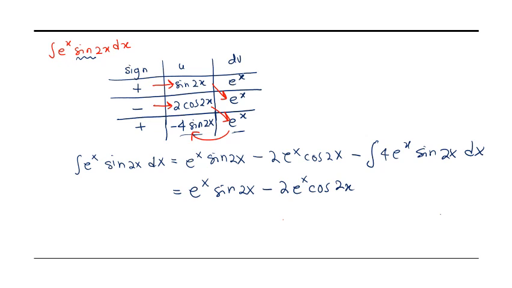Kan? So, bawa dia pergi left hand side. Saya tukar sikit, 4 tu saya letak kat luar, integration. So, minus 4, left hand side become plus 4. So, jadi 5 lah. Okay. Boleh?